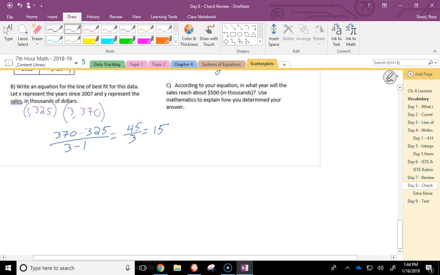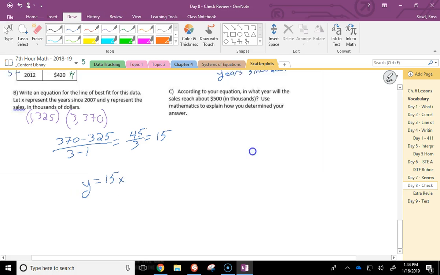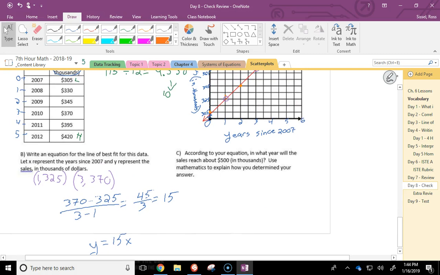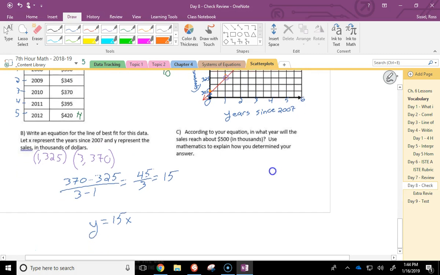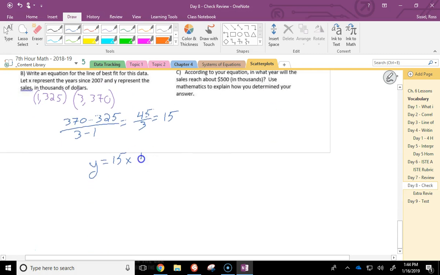So my slope is 15. Y equals 15x. Rylan. And I look at my graph and I'm crossing right about 305. Whoa, going too fast, sir.